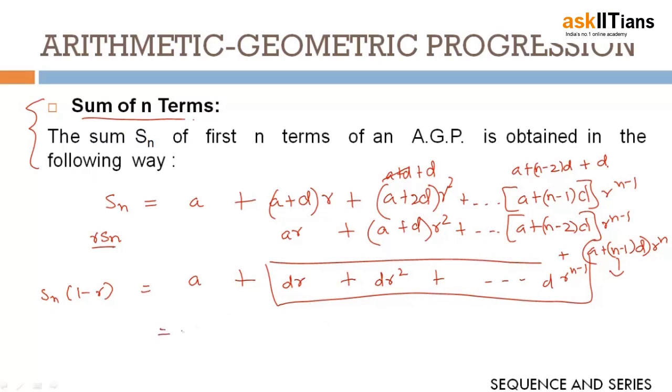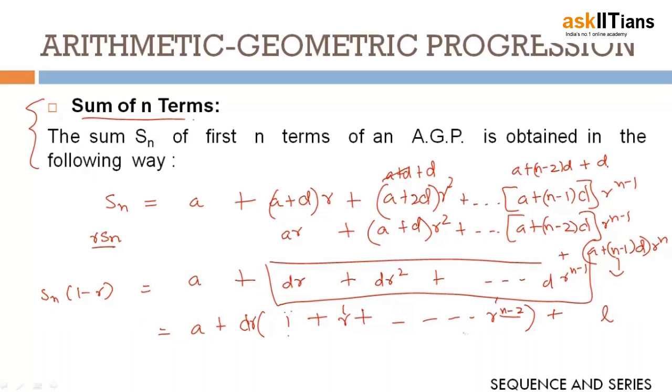If I take d r out, it will be 1 plus r and so on up to r to the power n minus 2. These are not n minus 2 terms, if you look carefully, because we are starting from r raised to power 0, so this will be n minus 1 terms. The last term will be written as it is, so I can write it as L.